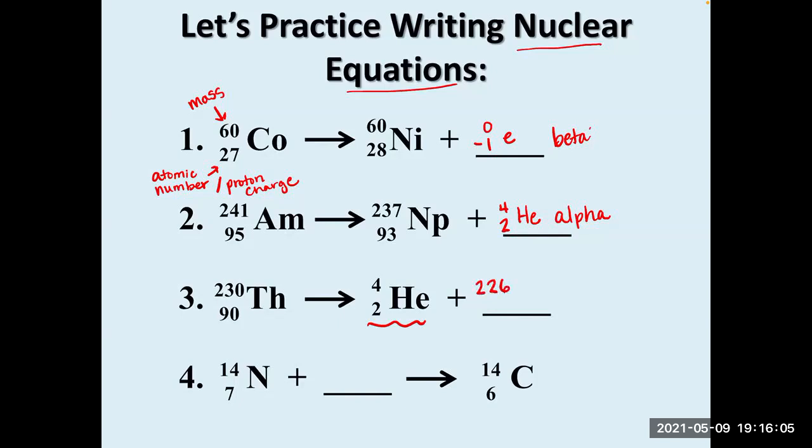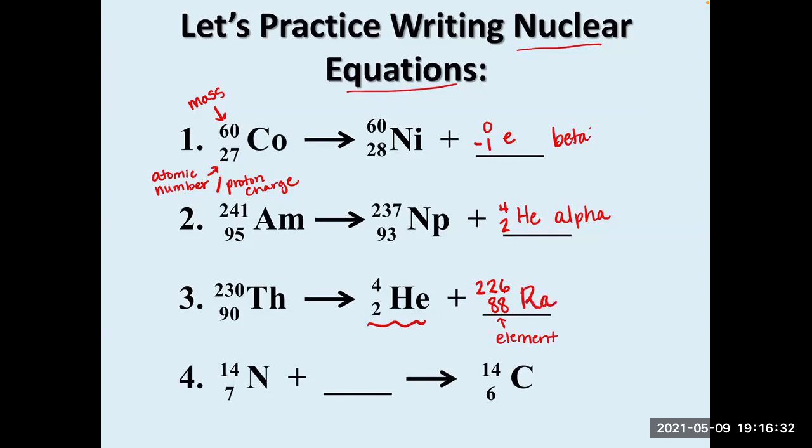So 90 is what I need for my atomic number or proton charge, and 2 is what I already have. So 90 minus 2 is 88. This is going to tell me my element. Okay, so 88 is the element radium. So I'm just going to write the symbol Ra.